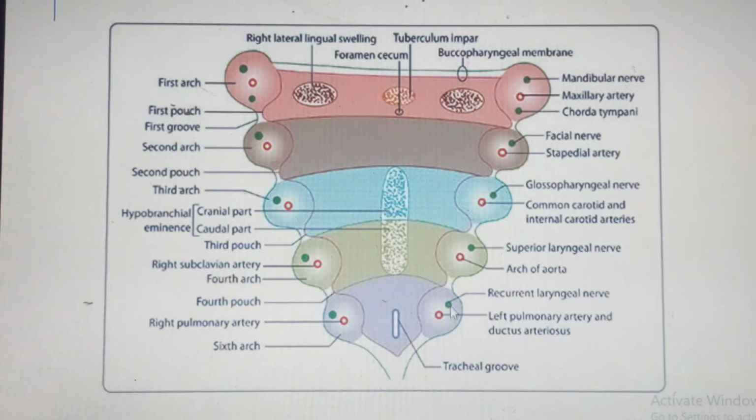Similarly, the sixth arch on the left is supplied by the left pulmonary artery as well as the ductus arteriosus, which eventually becomes the ligamentum arteriosus. And for the right, it is the right pulmonary artery. So please get to know these distinctions.